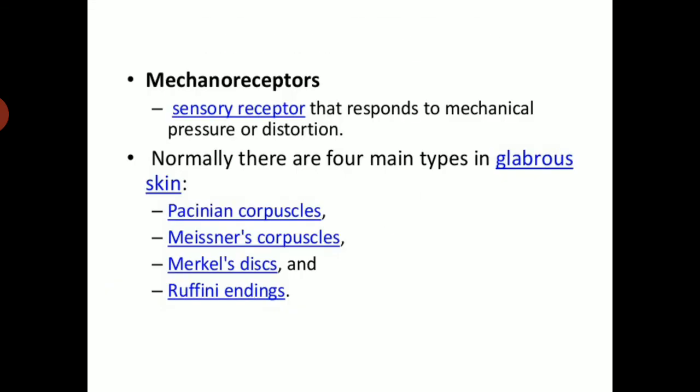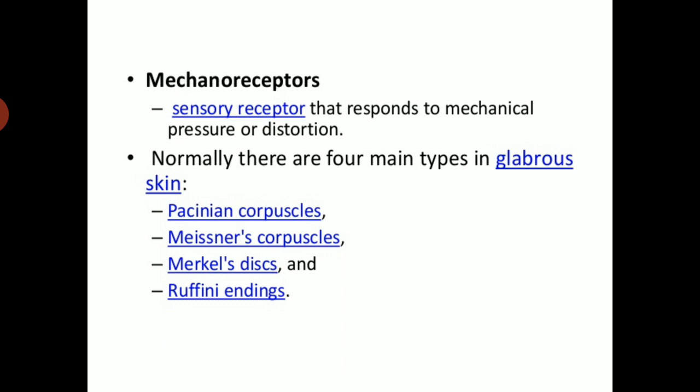Now next we are going to see the mechanoreceptors which are present on the skin or inside the skin. These are sensory receptors that respond to mechanical pressure or distortion.